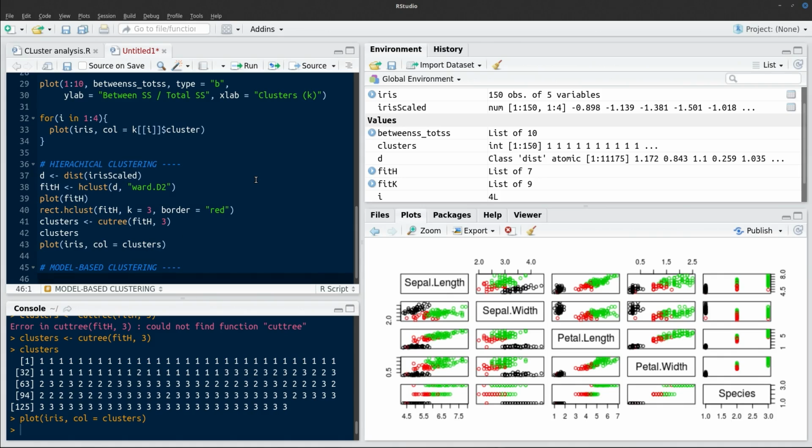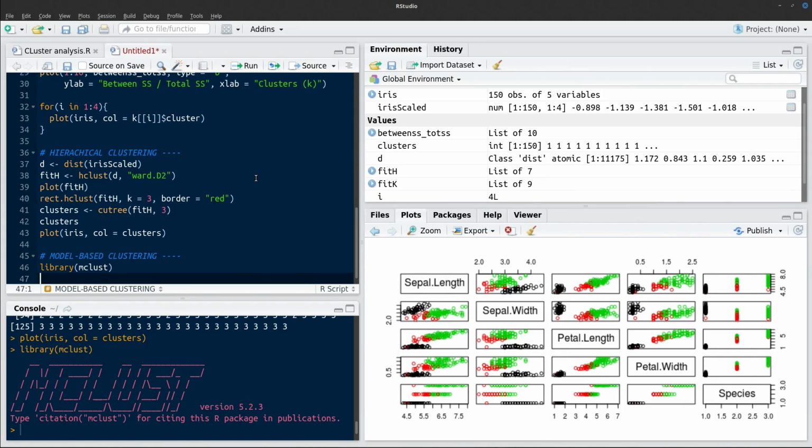So we're going to use a package called mclust, model clustering, which performs clustering using this mclust function.